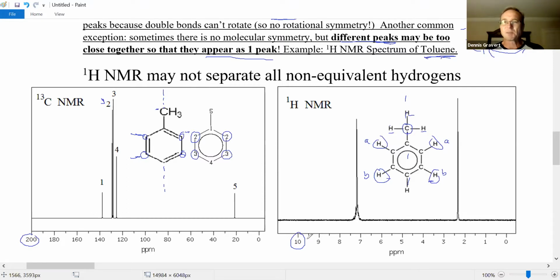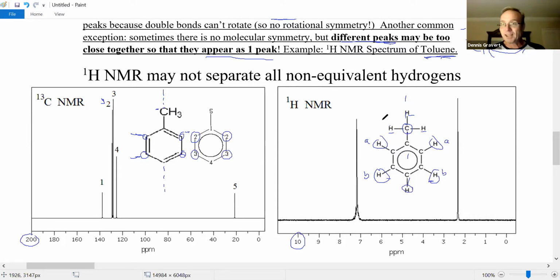Problem is, with such a small scale, the peaks actually are overlapping just because they're too close together. In fact, this hydrogen is also overlapping in here too. So we get only 2 peaks, right? So this is the property we're looking at. How many peaks are we getting? Carbon NMR, we saw 5. There's 7 carbons, so it tells us, hey, 5 doesn't match 7, so we have some equivalent carbons.